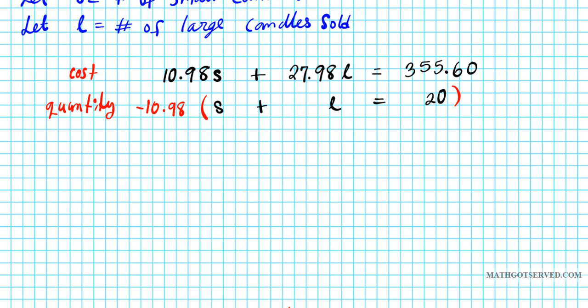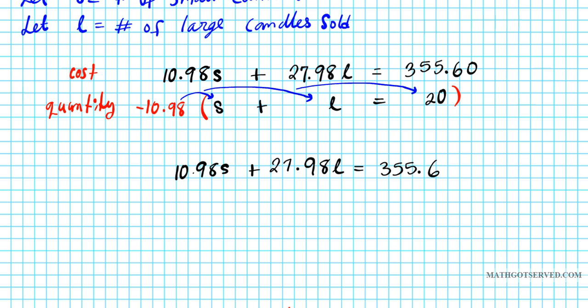If I carry out that multiplication, I'm going to rewrite the cost equation: 10.98S plus 27.98L equals 355.6. And then for the second one, you need to remember to distribute this 10.98 to all three terms.